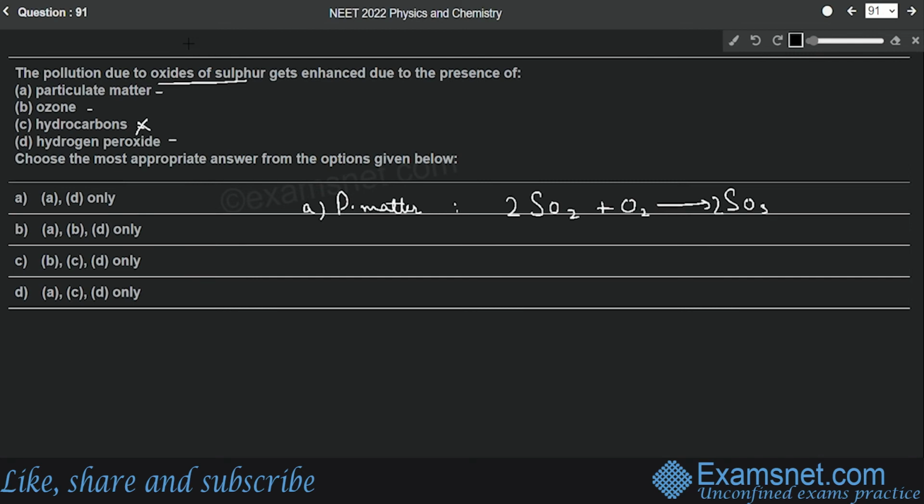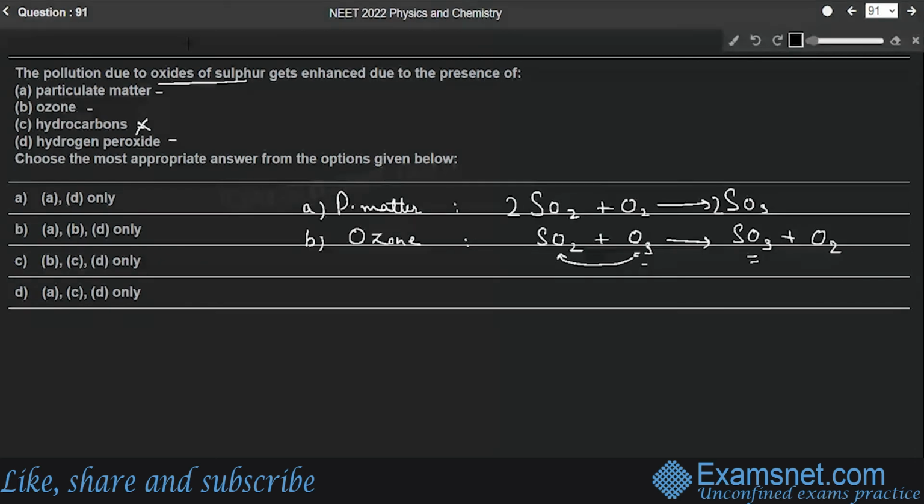Now if we talk about the second one, that means ozone. So ozone is O3. So what happens when sulfur dioxide reacts with ozone molecule? One of the oxygens from ozone adds up to sulfur dioxide to make sulfur trioxide, and what is left here? O2. That means oxygen molecule, right? So again SO3 is formed. Again it is responsible for the pollution, right?